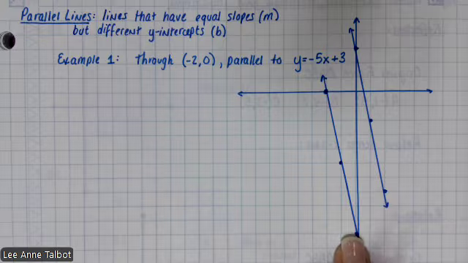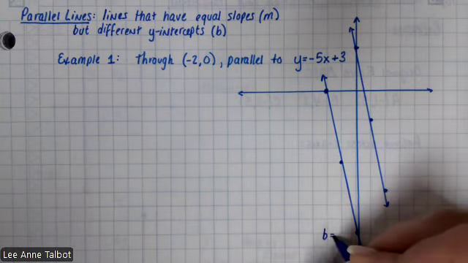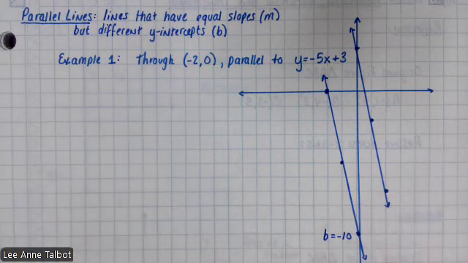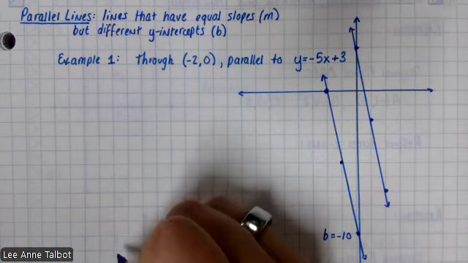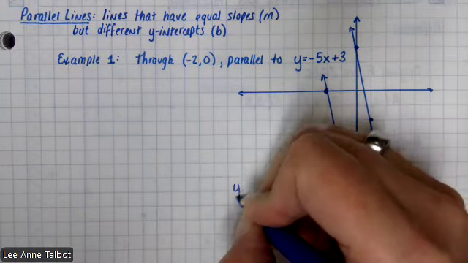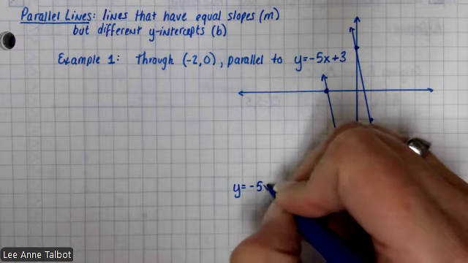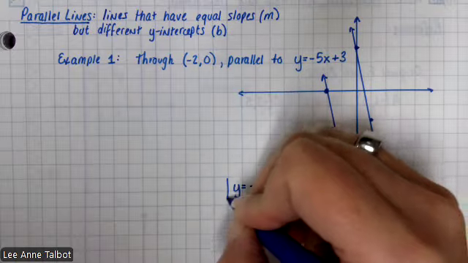We're having trouble counting to 10. That's a difficulty we can't do today. Okay. So the final answer to this problem is y equals -5x minus 10.